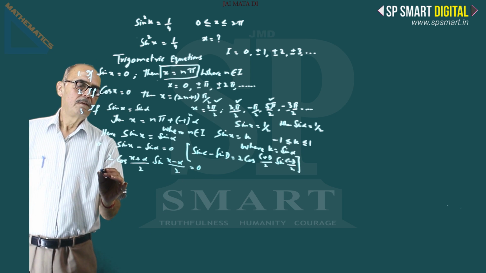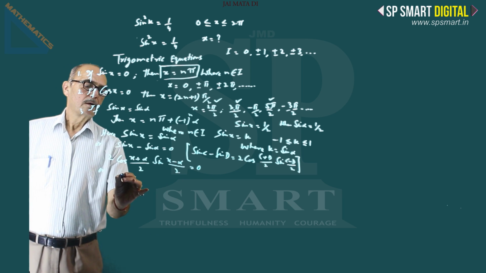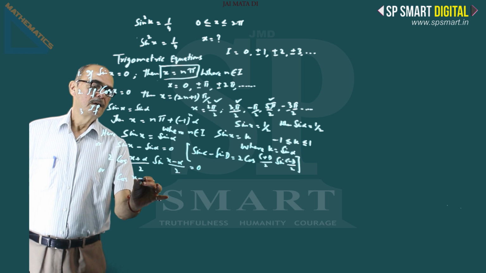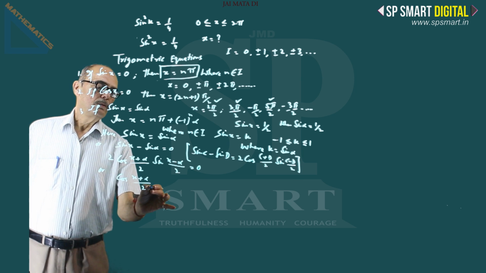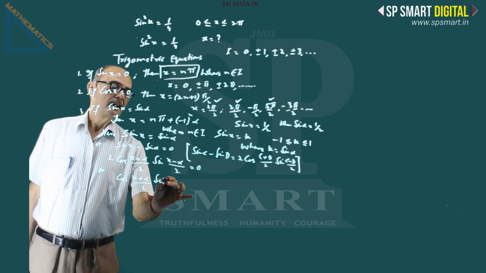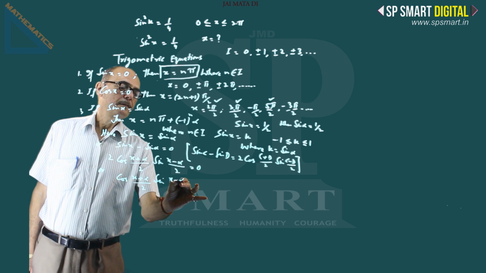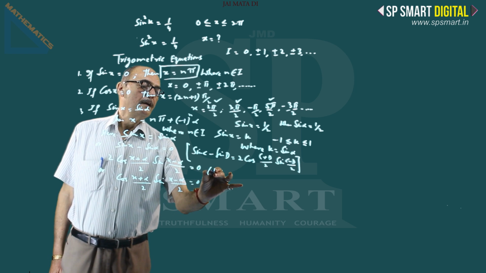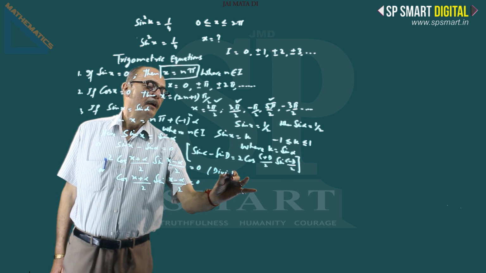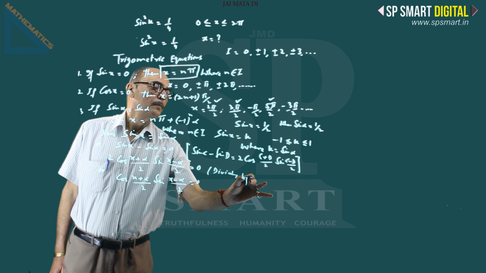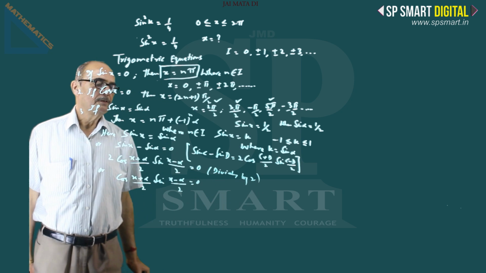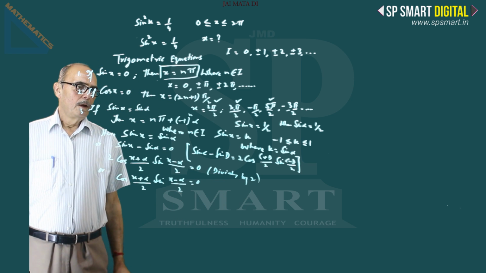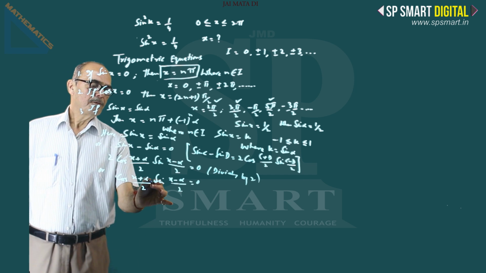Or we have cos of x plus alpha by 2 sin of x minus alpha by 2 equal to 0. Here dividing by 2, 0 by 2 will give you 0. So, this is a product of two expressions.